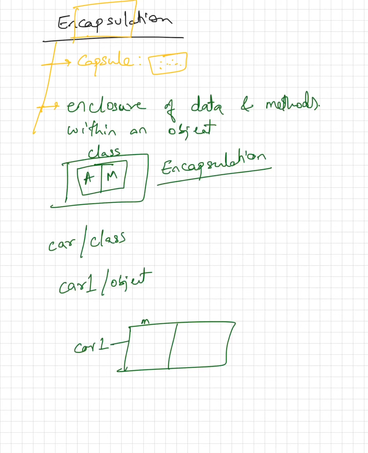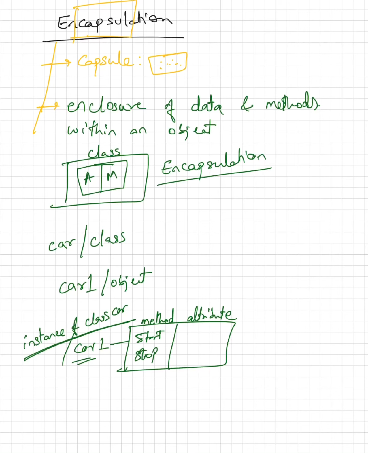One is called methods and the other is called attributes. Since this car is an instance of class car, it will have the methods of class car, which are start, stop, or brake.